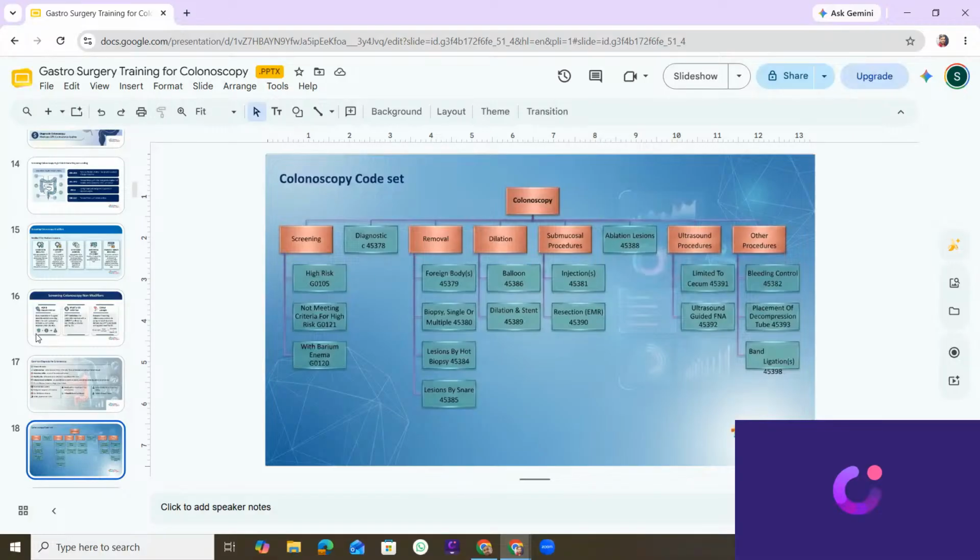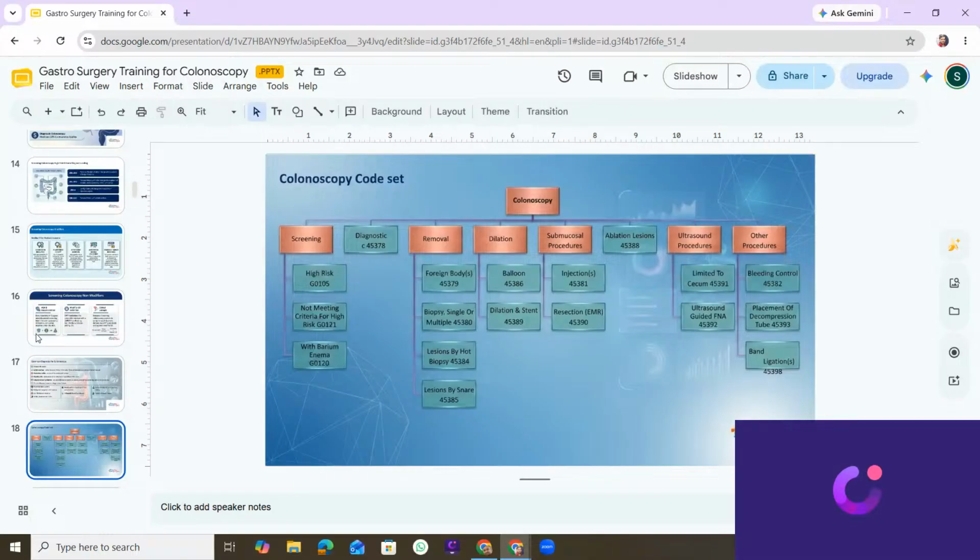Diagnostic is 45378. For foreign body removal, 45379. Biopsy, single or multiple, 45380. Lesion by hot biopsy, 45384, and lesion by snare technique, 45385.